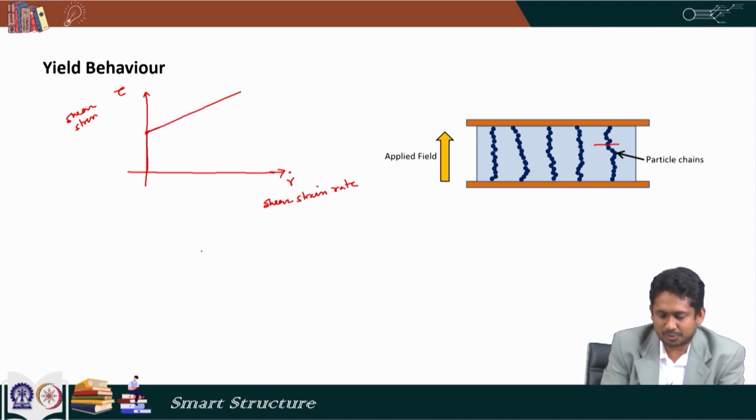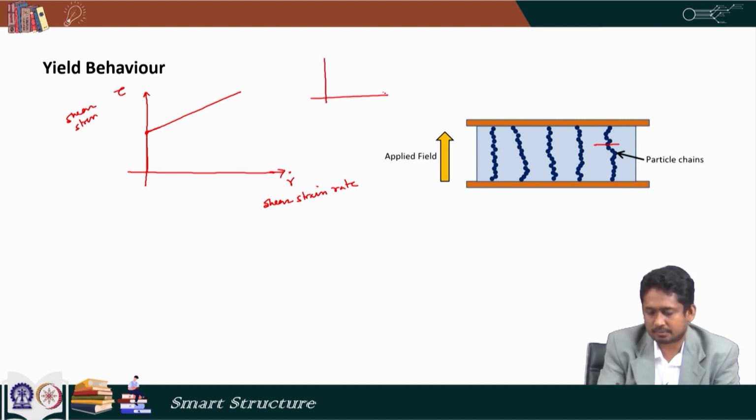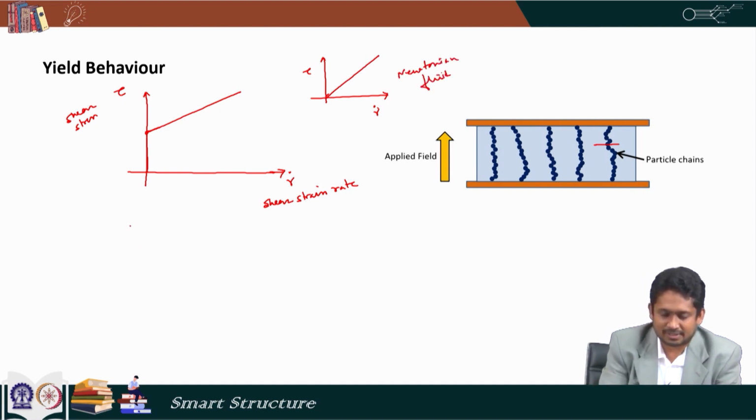We know that in a Newtonian fluid, the variation of tau versus gamma dot looks like this. It is a linear variation. It is a Newtonian fluid, and this is a Newtonian behavior with yield, right.